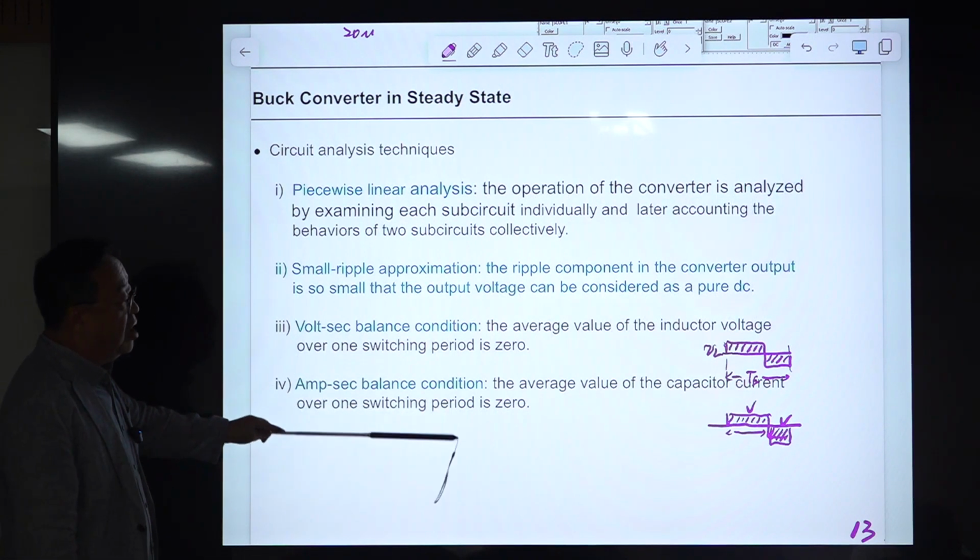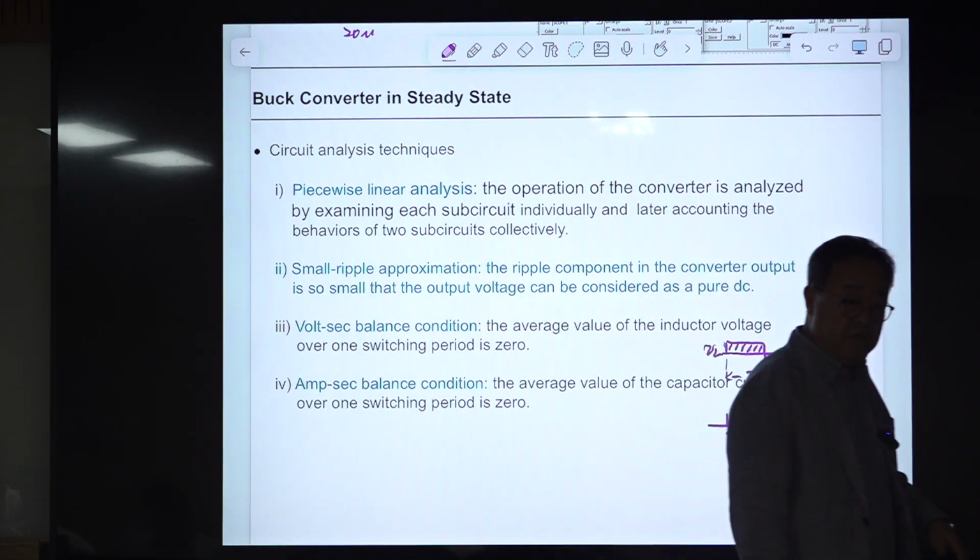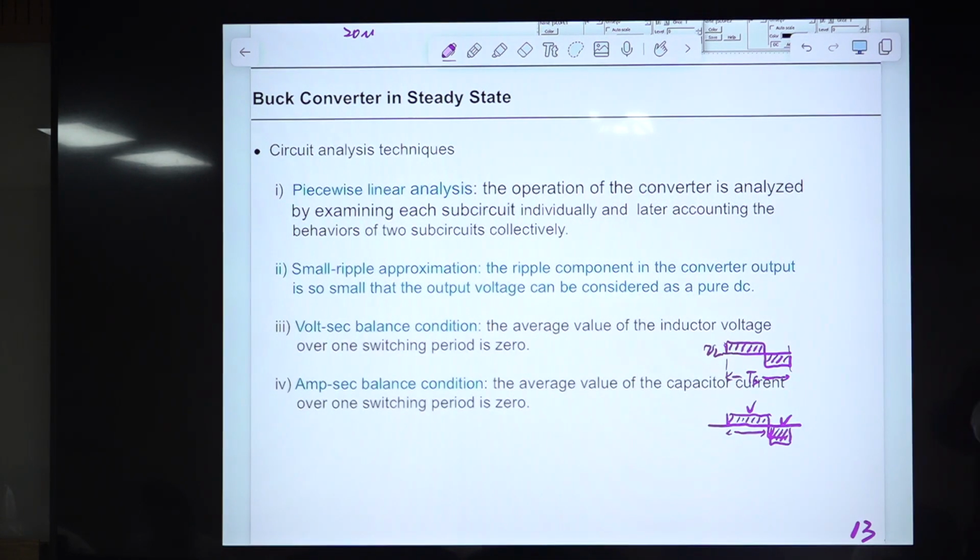Why is that? What happens if it does not comply with this requirement? Capacitor voltage will increase slightly, continually, until it exceeds the voltage rating of your capacitor, and the capacitor will explode. Everything will be gone.